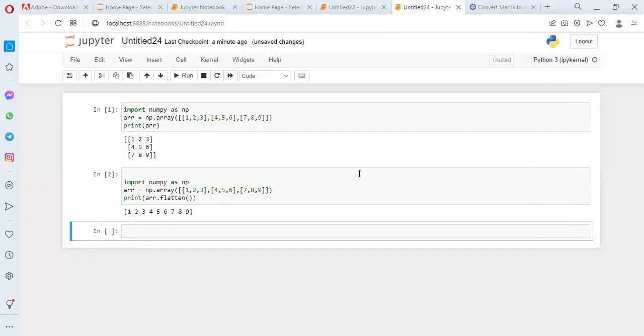So in the earlier class, we had discussed the NumPy array. NumPy is one of the library functions of Python. In the last class, I discussed the creation of a matrix using NumPy: the arange function, the zeros function, the linspace function, and the identity matrix with diagonal value 1, right?